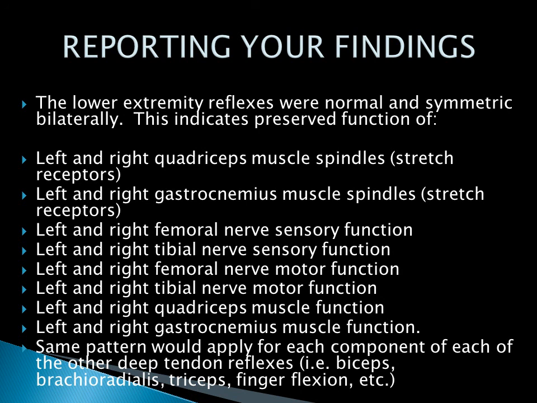Left and right tibial nerve sensory function, parenthesis L4, L5, S1 in bold, S2 and S3 nerve roots. Left and right femoral nerve motor function. Left and right tibial nerve motor function. Left and right quadriceps muscle function. And left and right gastrocnemius muscle function.